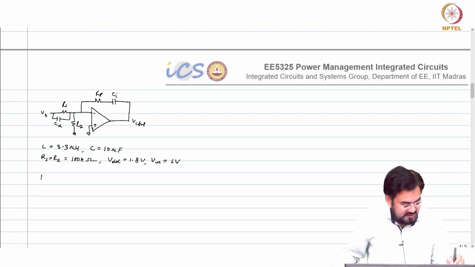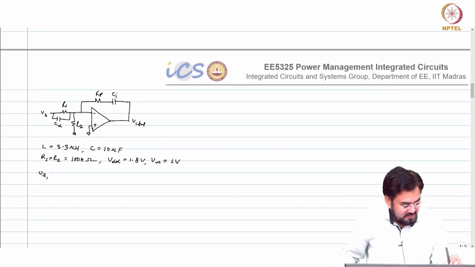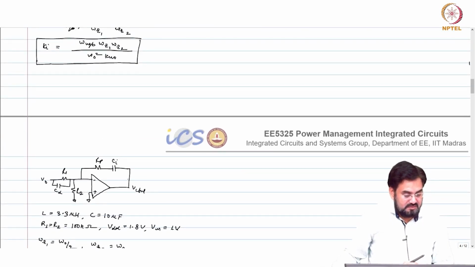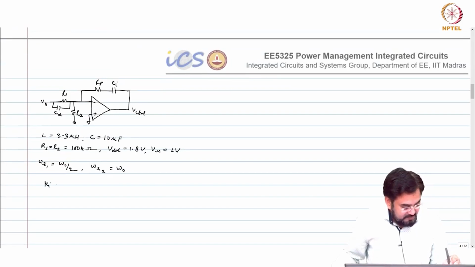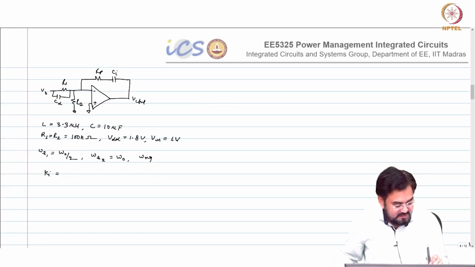So let's substitute here. Omega Z1, let's consider at omega naught by 2 and omega Z2 equal to omega naught. So your Ki will become, and what is omega UGB for 1 megahertz? 100 kilo radian, sorry, 2 pi 100k radian per second.